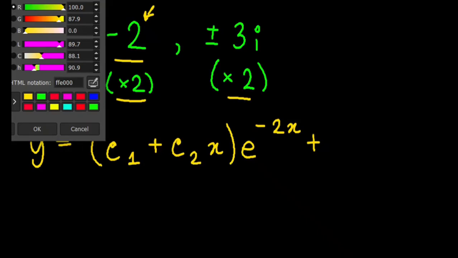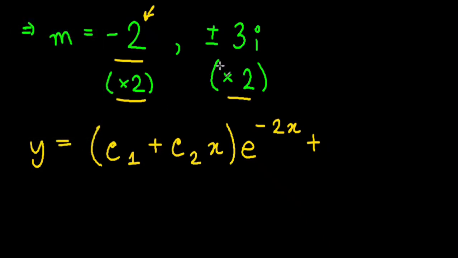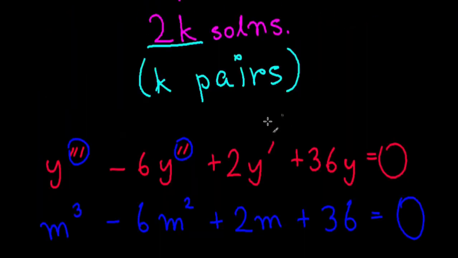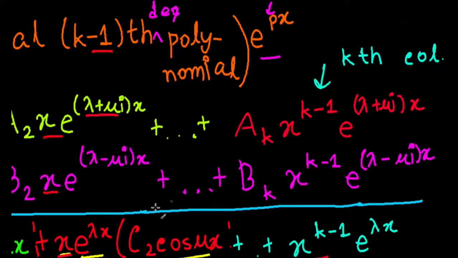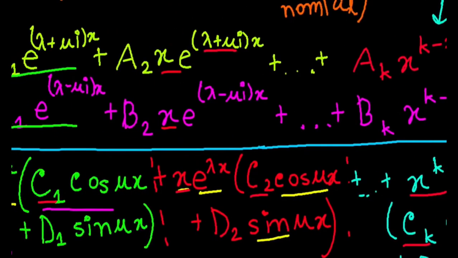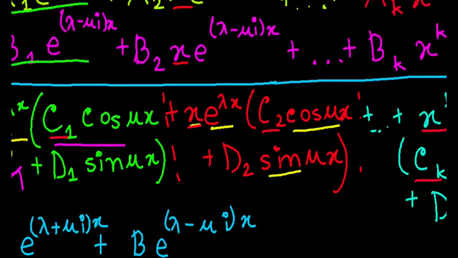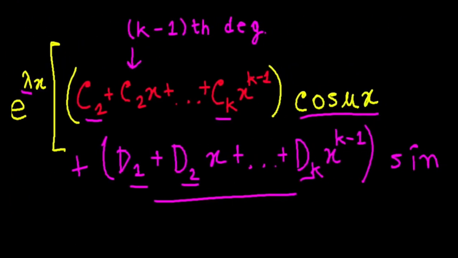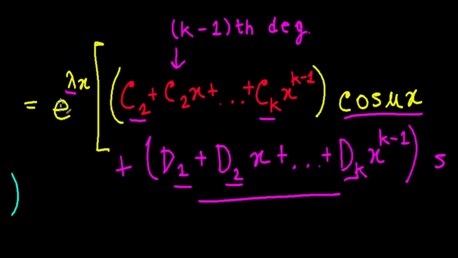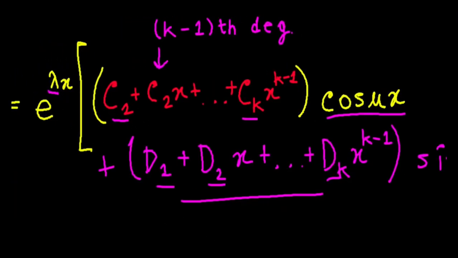And for the other part, this pair is repeated 2 times. There's a couple of ways to do this. We could use the form we found earlier and write them separately. But if we want to write it in the most concise way, it's going to be e to the power lambda x, where lambda is the real part of the root.